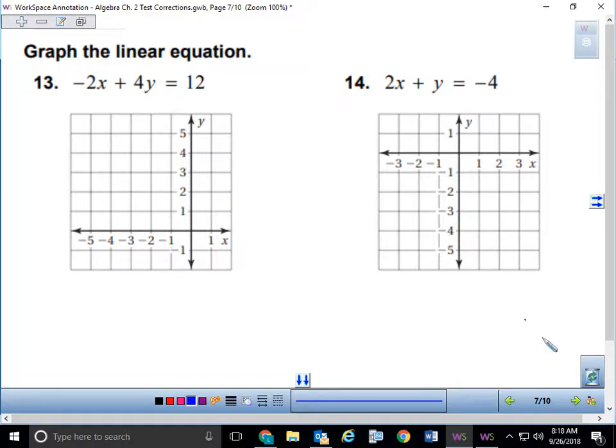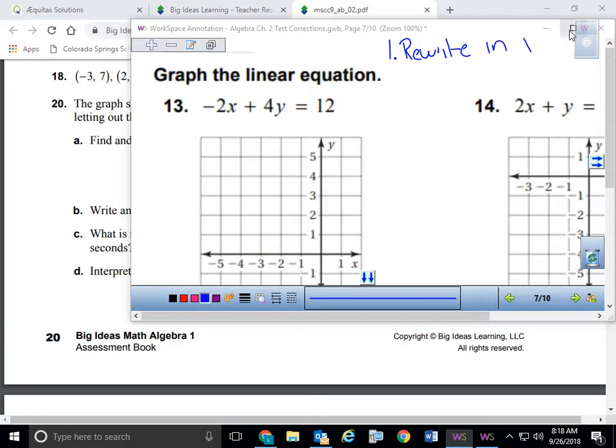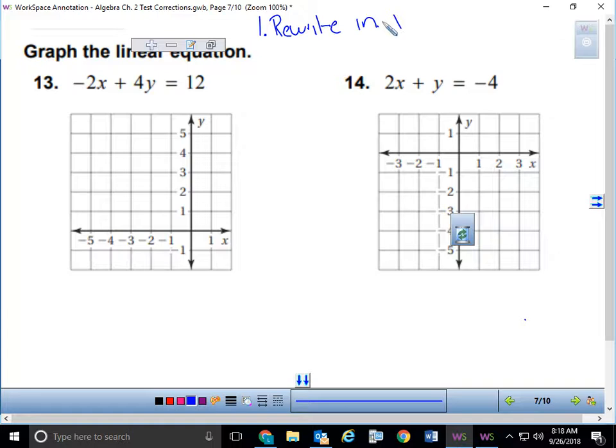So number 13 and 14 have the same directions. Graph the linear equation. Not too bad. So 13, we have negative 2x plus 4y equals 12, where there are different ways you can solve and graph these equations. One way is to rewrite into slope-intercept, y equals mx plus b.